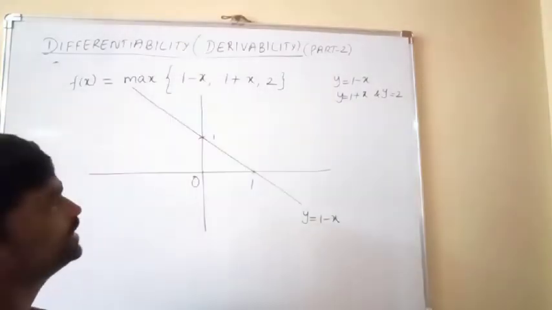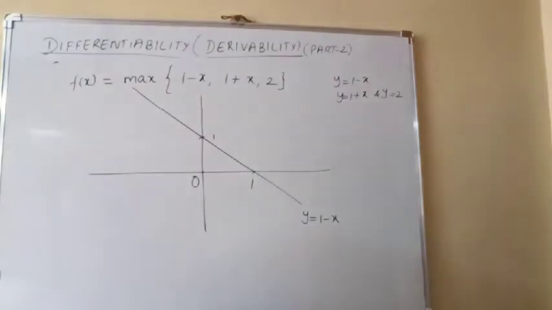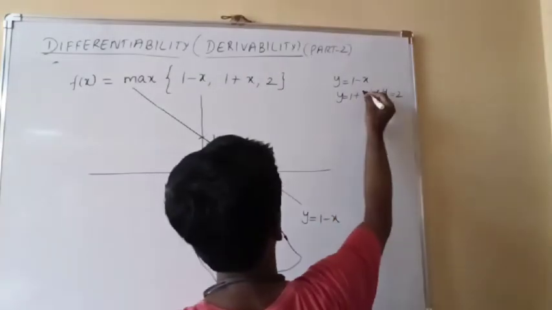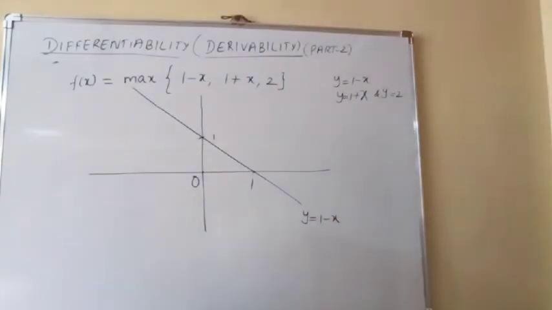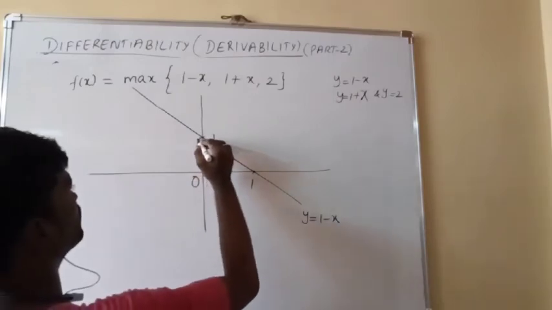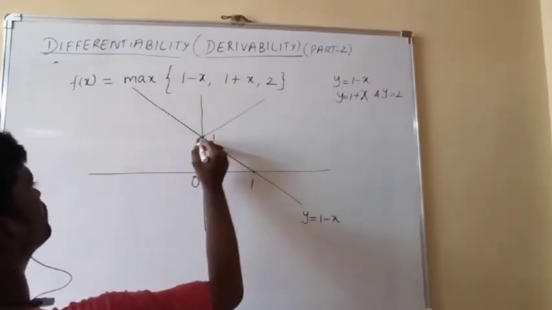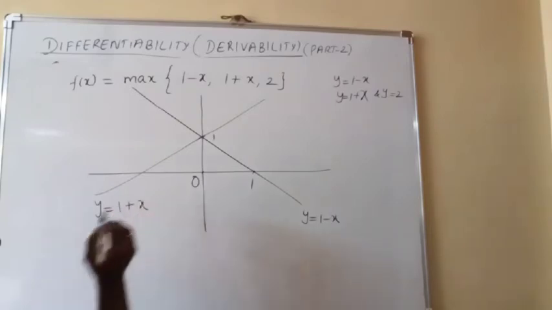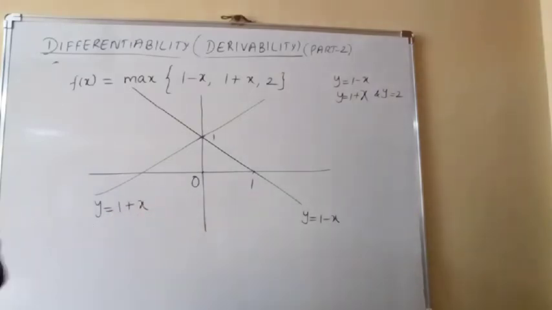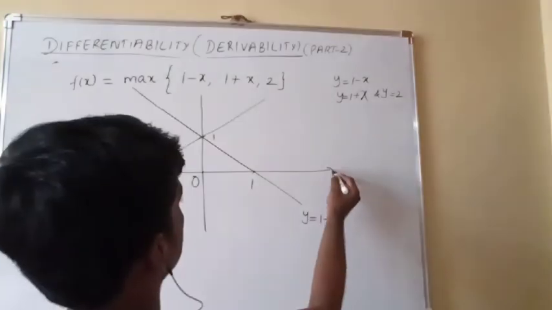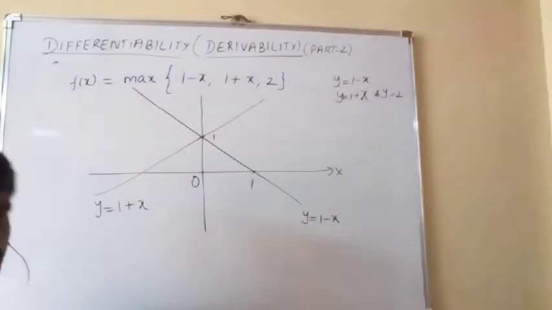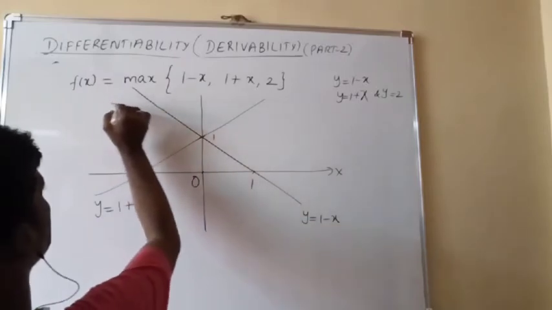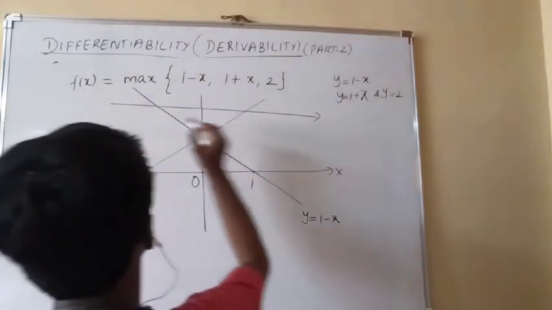Next, y is equal to 1 plus x is also a straight line, whose x-intercept is -1 and y-intercept is +1, and you'll get the graph like this. And y is equal to 2 is also a straight line parallel to the x-axis, 2 units above the x-axis.